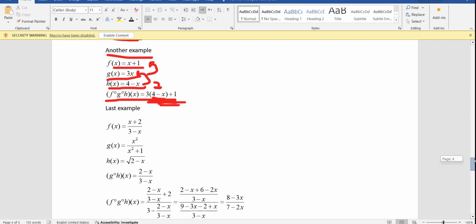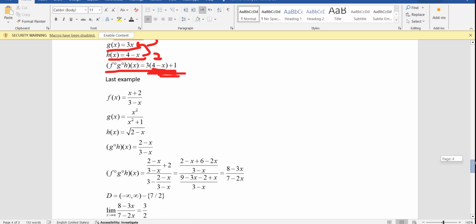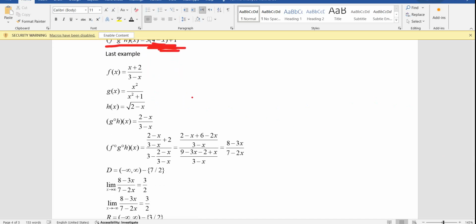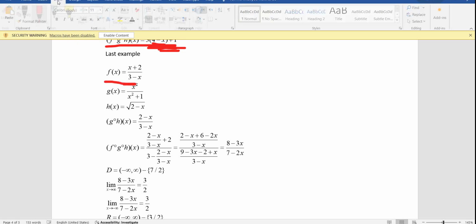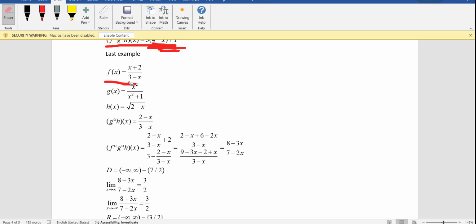Let's see the last and the hardest question for today. f of x is a rational function, and g of x is also a rational function, and h of x is a square root function.